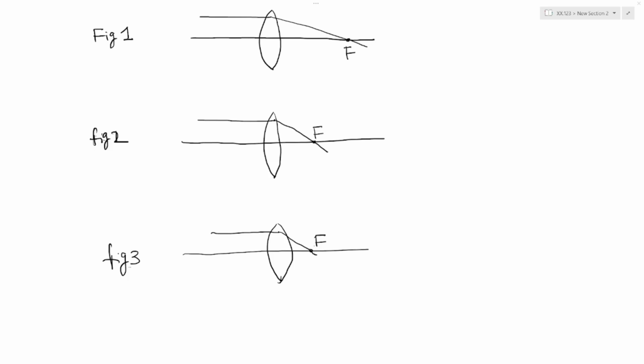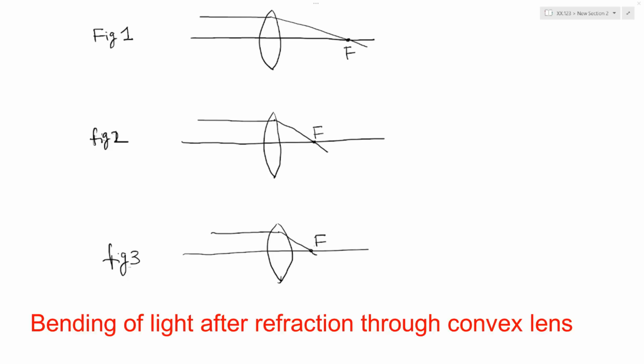We have here three figures: figure 1, figure 2 and figure 3. In figure 1, the ray of light after refraction is passing through the focal point. In figure 2, the ray of light after refraction is passing through the focal point.